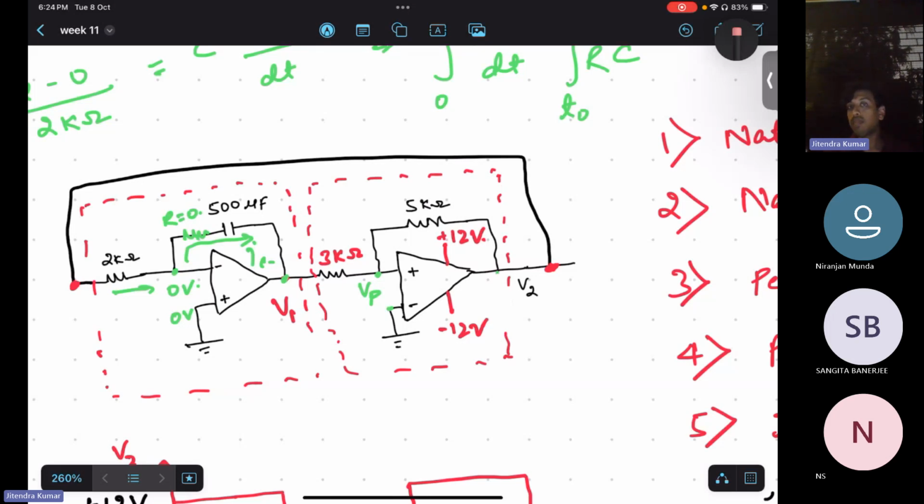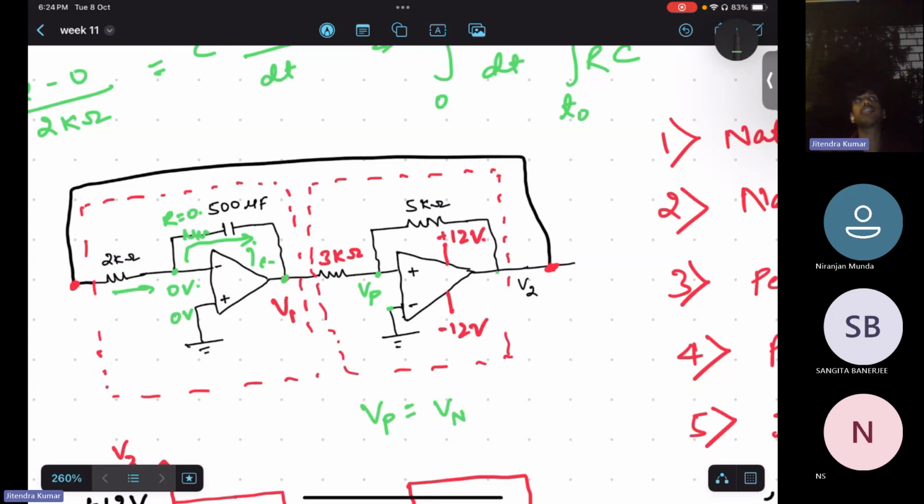But here the inverting terminal is connected to ground and Vp is there, so no conflict is happening between both the terminals. It is not going to contradict anything if you write Vp equal to Vn. Remember, in most Schmitt trigger circuits, both terminals used to be connected with different supplies.